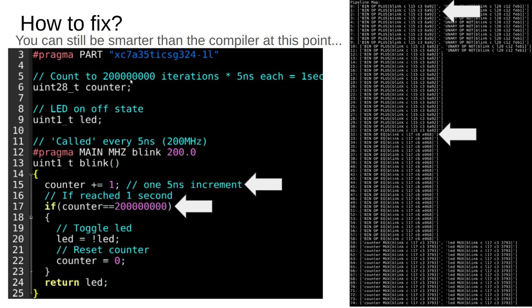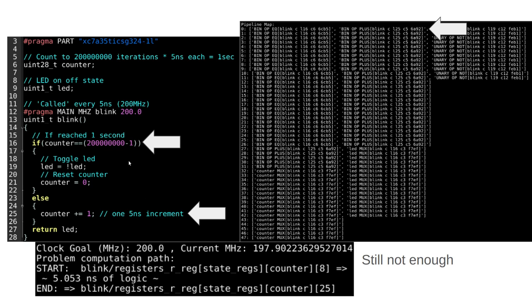Well, you can still be smarter than the compiler at this point, and you can rearrange the code to do something like this, where now you can have the equality compare and the increment of the counter both taking place at the same time, because you've structured it.